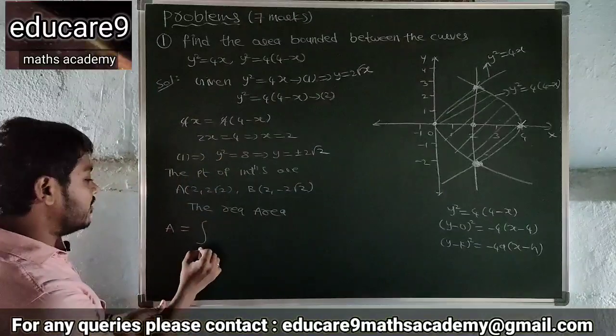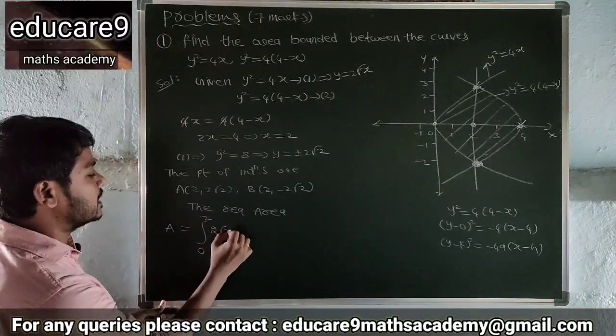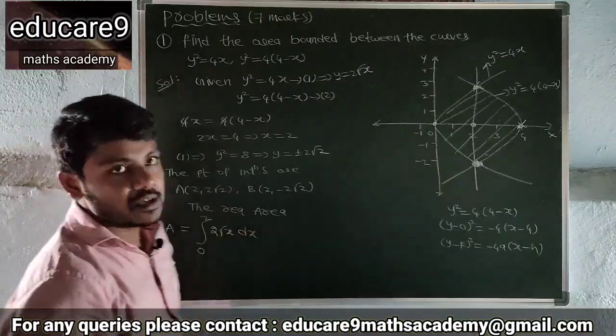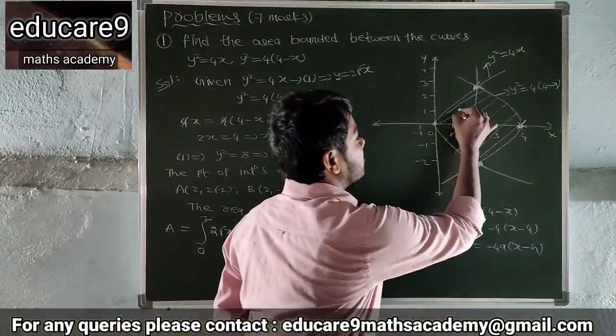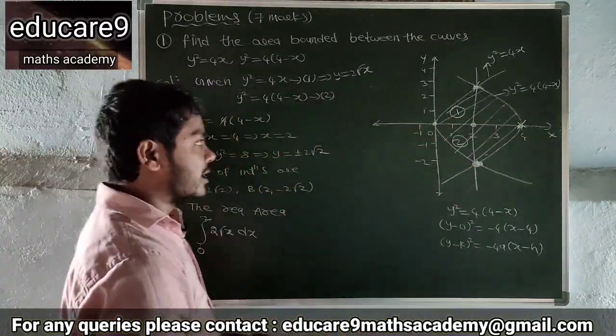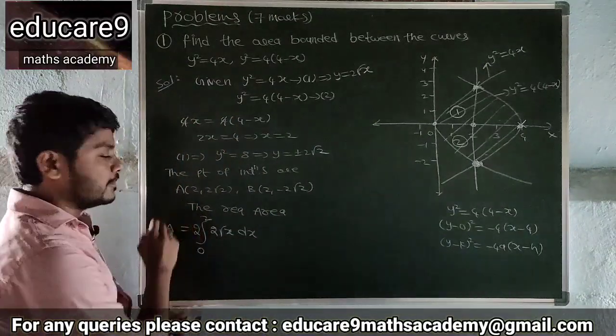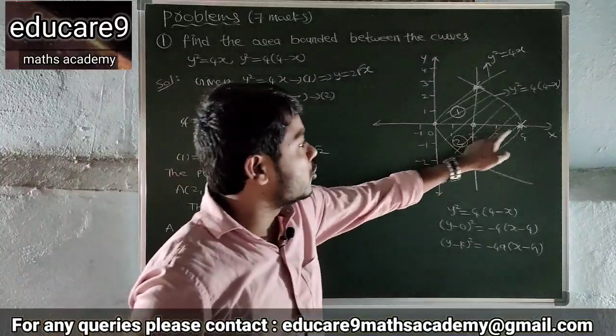So write the integral from 0 to 2 of 2 root x dx. The above area and the below area are both the same, so write 2 times this, plus the integral from 2 to 4.